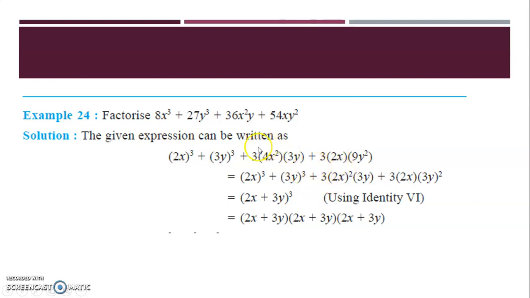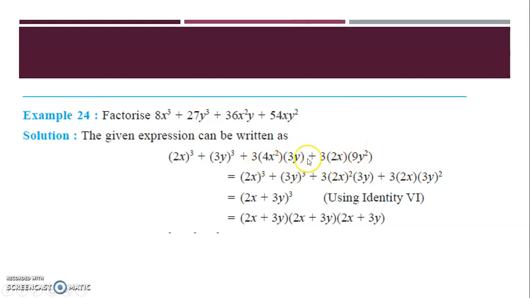Now when I check here, I can see that the other two terms are of the form 3 times the first term squared times y plus 3 times x times y square.